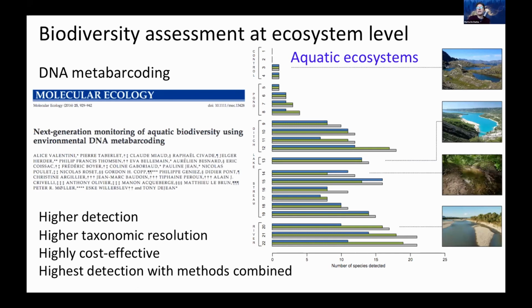These earlier studies also soon showed that still, the best picture of the biodiversity in an area was provided by the combined application of the eDNA method with the traditional method.